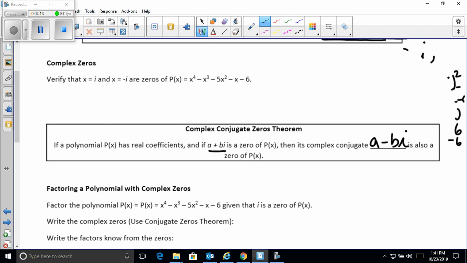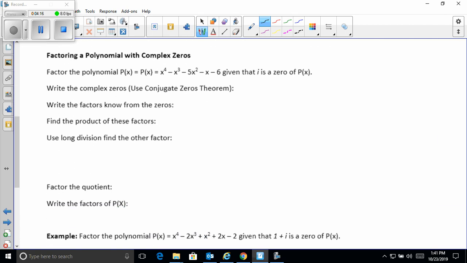All right, so now we're going to look at using this to factor. On this problem, I'm telling you that i is a 0. So we know that i is a 0, which means we also know negative i is a 0. So the factors that would give us those solutions are x minus i and x plus i.